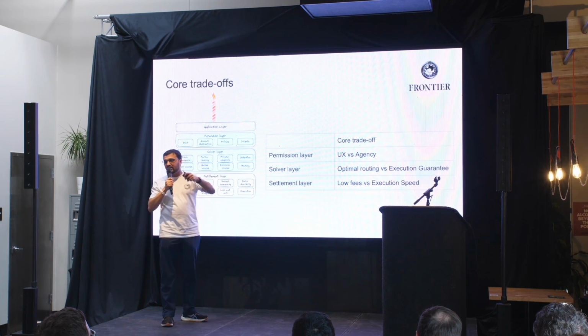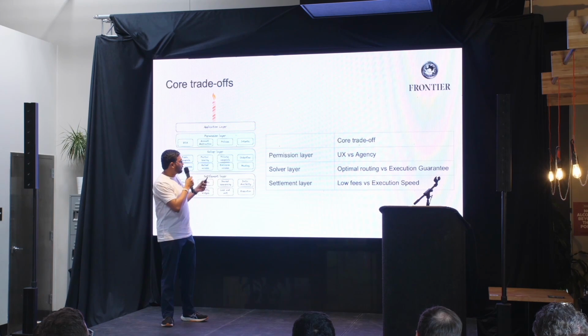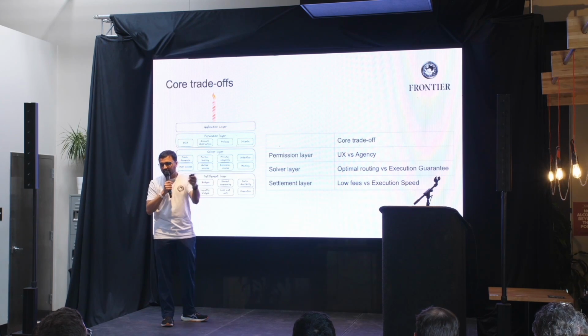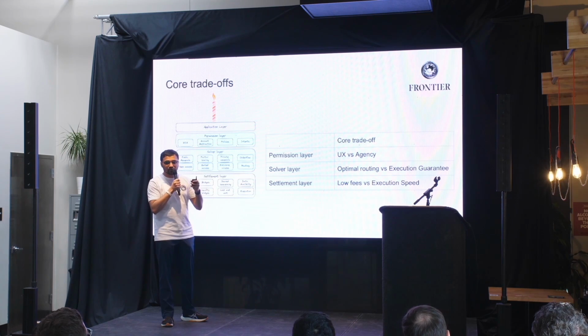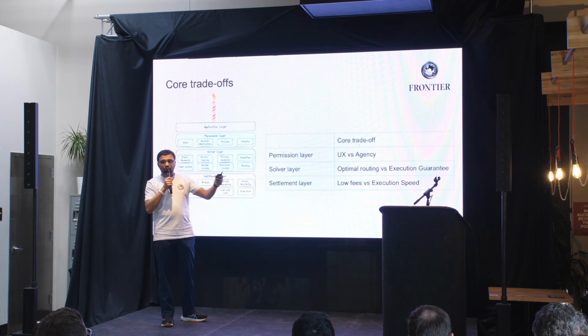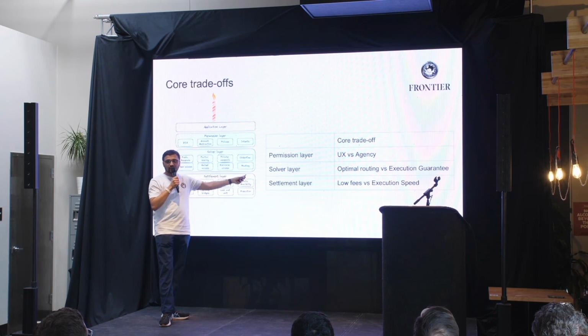There are many failure cases in between, and there are multiple possibilities of actually making sure that the transaction gets executed. If you want to find the best price, the best route, you would bring in a lot of solvers. You would say, hey, give me the best price, compete against each other. But if you do that, then other solvers can front run that transaction and reduce execution guarantee. So you need to make this trade-off in how much information you should reveal.